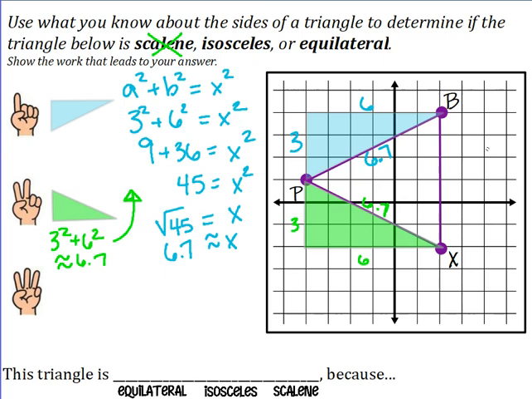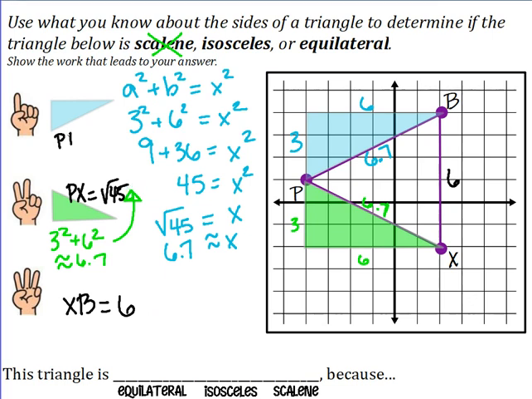For this last side, side XB, I can tell exactly how long XB is because it's vertical along the grid and it measures 6 units. So I had that line PX measures root 45, which is around 6.7.